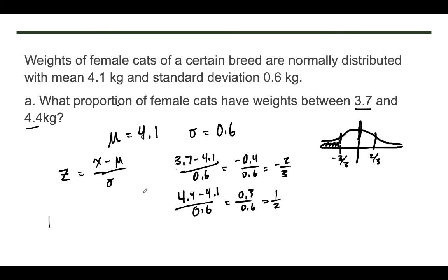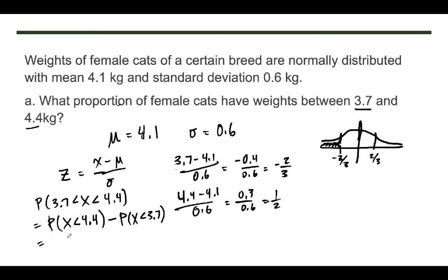All right, so let's look at this in probability notation. The probability that x is between 3.7 and 4.4. When we're using z-scores, we're going to change this into taking the probability that it's less than the upper bound, and we're going to subtract the probability that x is less than the lower bound.